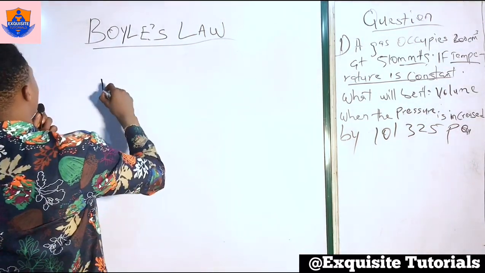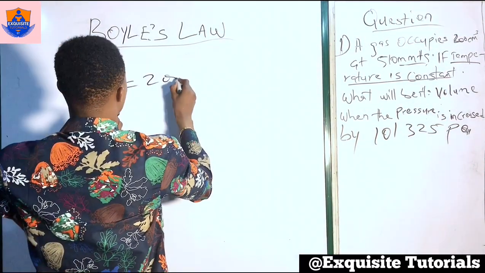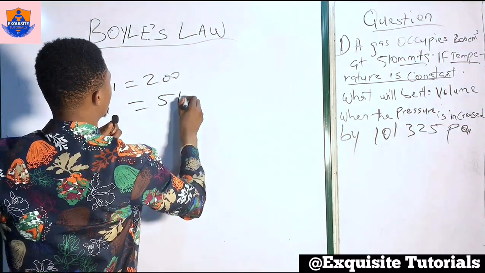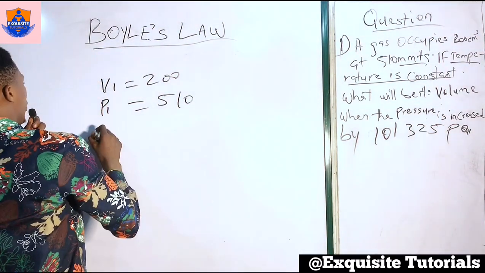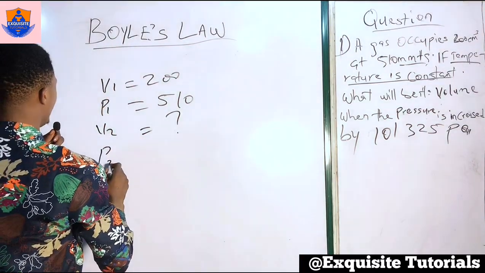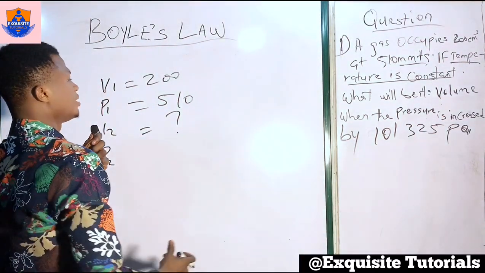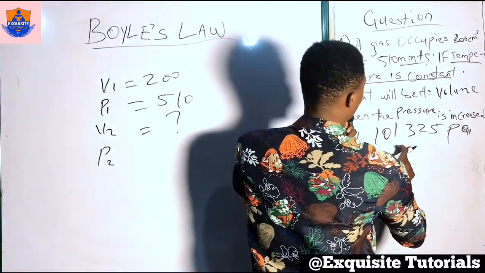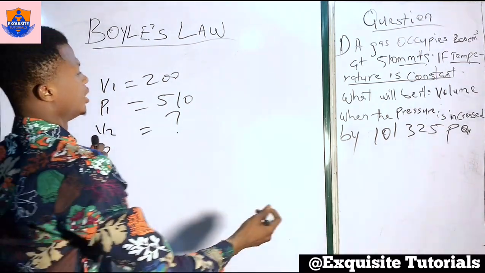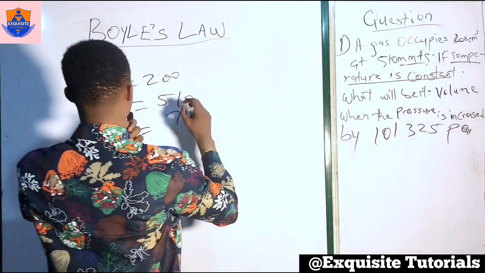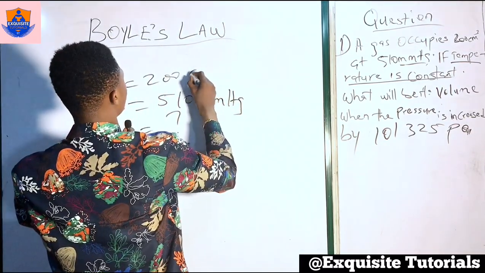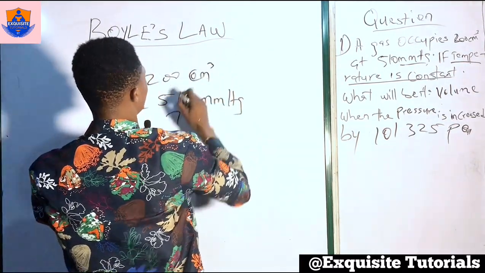We have that our V1 is equal to 200, our P1 is equal to 510, our V2 is unknown, our P2 was increased by 101,325 Pascal. Now, remember, our pressure is in millimeter mercury. Our volume is in cm3.